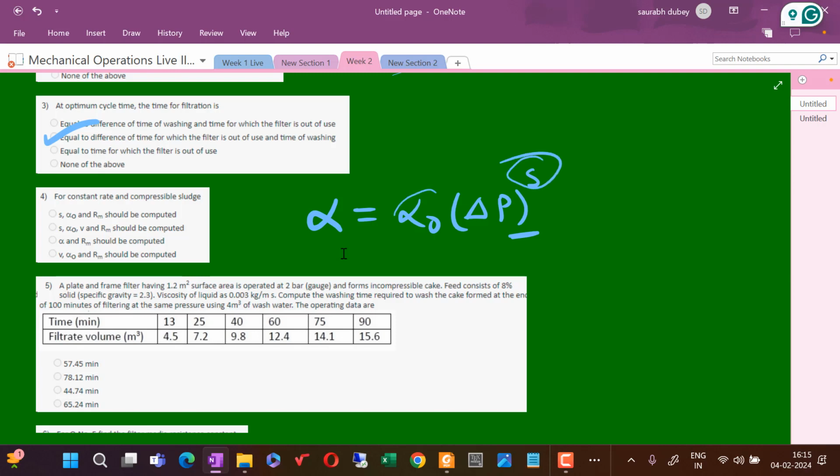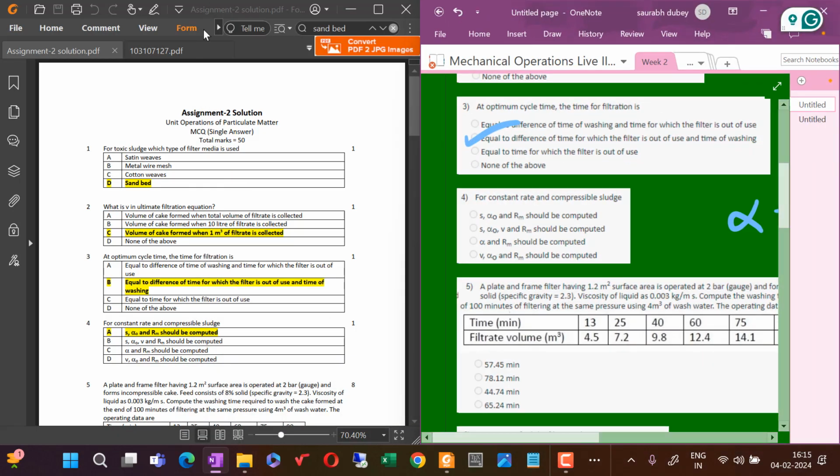Alpha 0, Rm and S all have to be calculated, because nothing is given for these. So option four is the correct one.